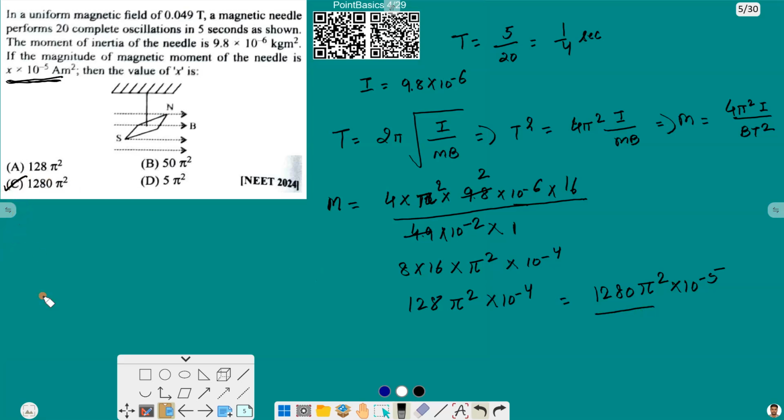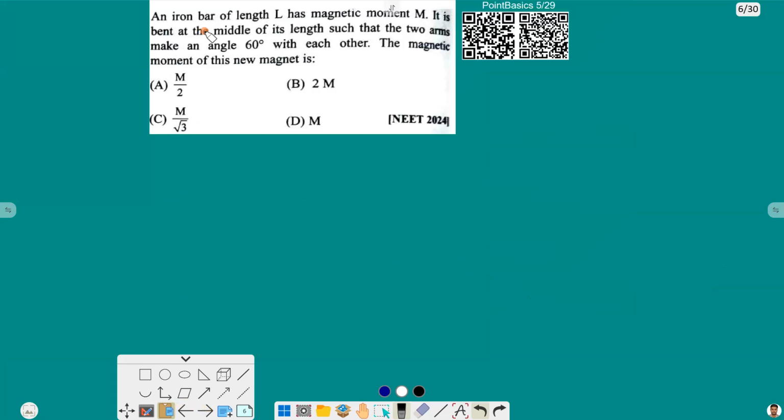Let's move to the next one. An iron bar of length L has magnetic moment M. It's bent in the middle such that its two arms make an angle of 60 degrees. The magnetic moment of the new magnet is?